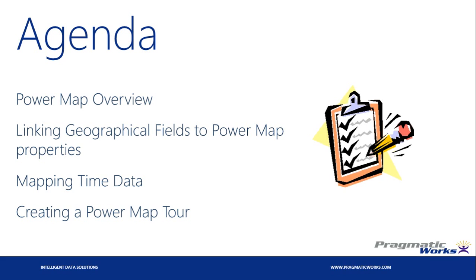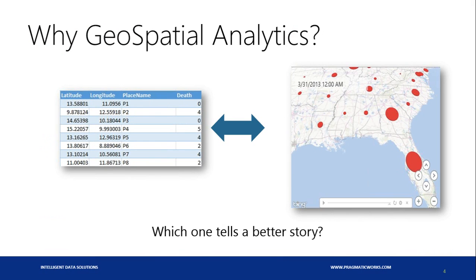All right, so I think what really would help, and most of you probably already realize this, is if you're looking at a data set. I have 2 data sets here on my screen right now, and it's probably pretty clear which one displays and tells the most about the data. On the left-hand side, I have more of a tabular view of the data, where it just shows, don't ask about the data itself, it looks like deaths here for some reason. And on the right-hand side, I have a map that's showing the exact same data set, but it's focused in a geographical view of a map.